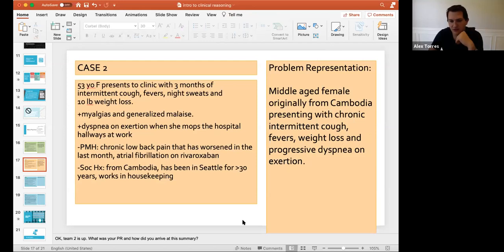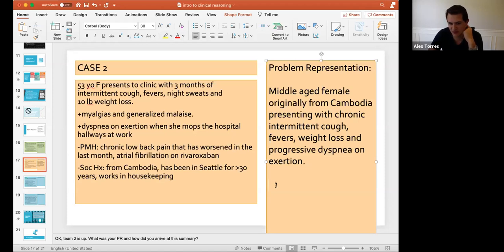Our general feeling was that it would pigeonhole you too much toward certain diagnoses without the information to back that up, so in this case it's better just to list them out.